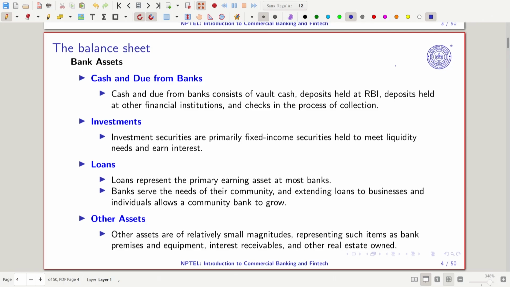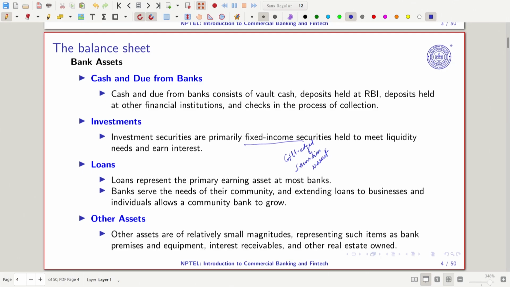Second is investments. The government also prioritizes these banks to invest in certain fixed income securities. In India, the government bond market, which is the fixed income market, we call the gilt-edged securities market.